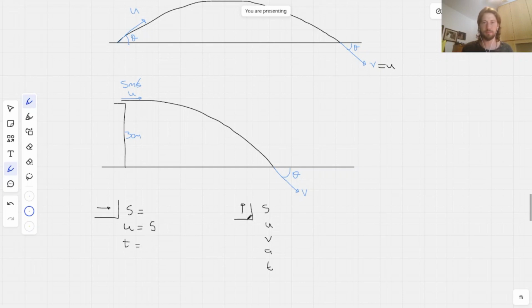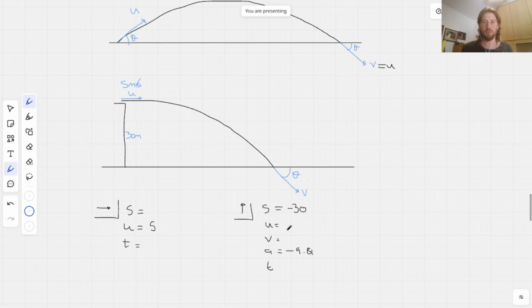We don't know. Okay. What about the vertical displacement? Well, it's minus 30. Minus 30 because we're going down. And remember, I'm just choosing up as the positive direction. But we need to be consistent, so I will always choose up as the positive direction. So that means minus 9.8 for the acceleration, as always.